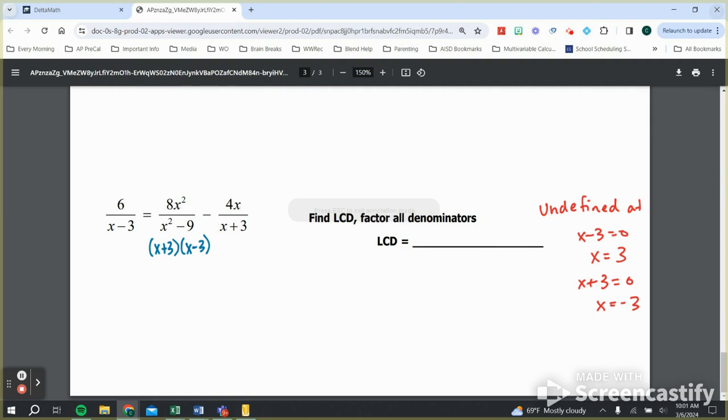All right, so that lets me know what I'm going to be multiplying by. Let's figure out what my LCD is. We have an x minus 3. We have an x plus 3. We have an x minus 3 we already have written down, and we have an x plus 3 we already have written down. So I'm going to multiply everything by that LCD.